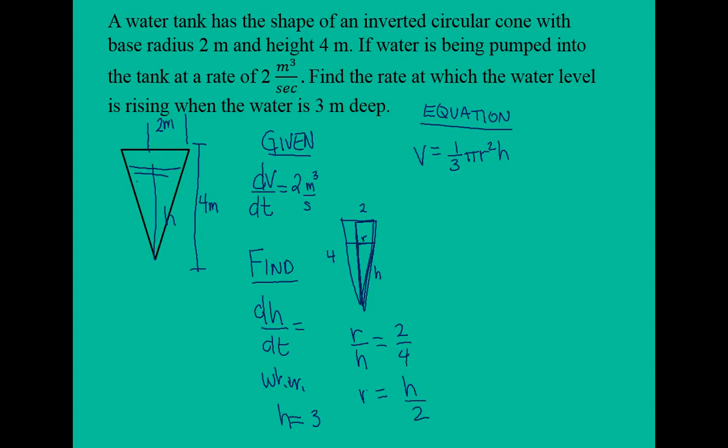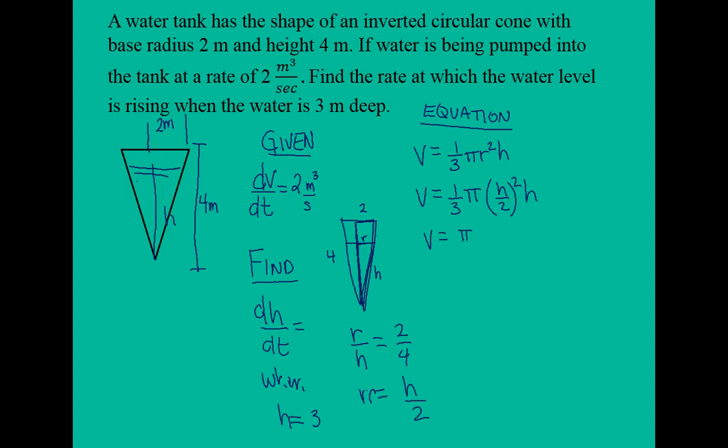Now back in our equation here, we're not going to take the derivative yet. We're just going to make this substitution. We said r equals h over 2. So we're going to replace r with h over 2. And now we only have one variable. We only have h on the right side.